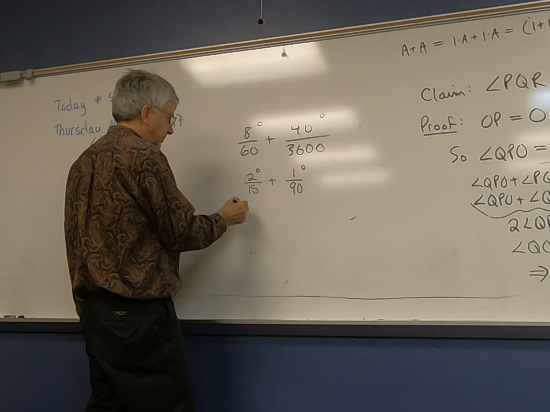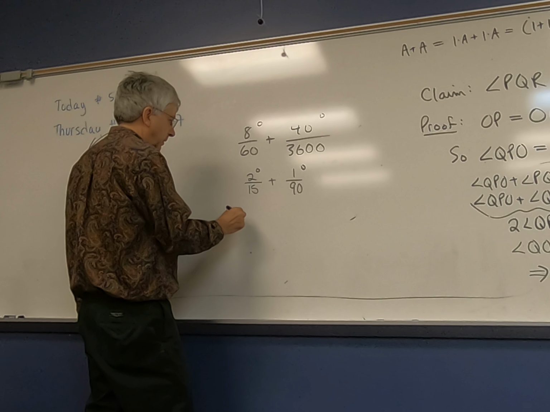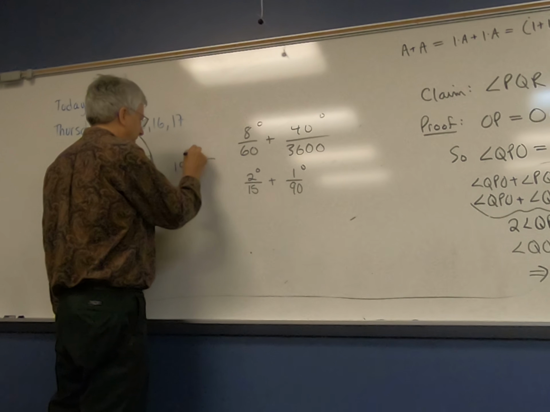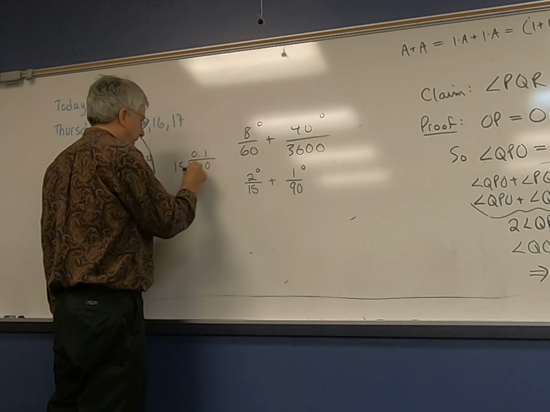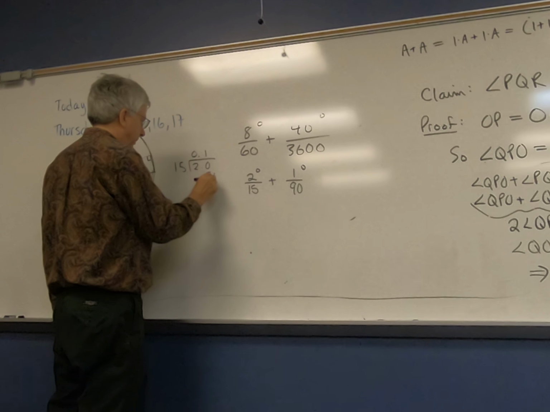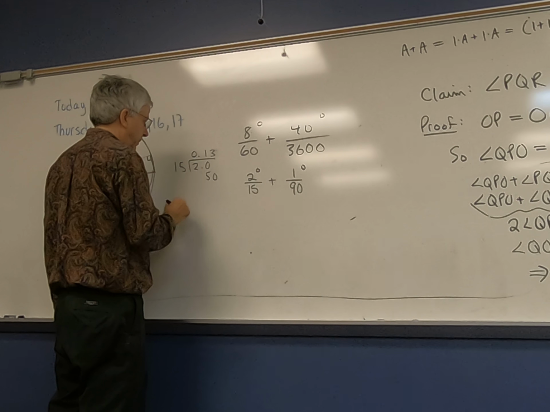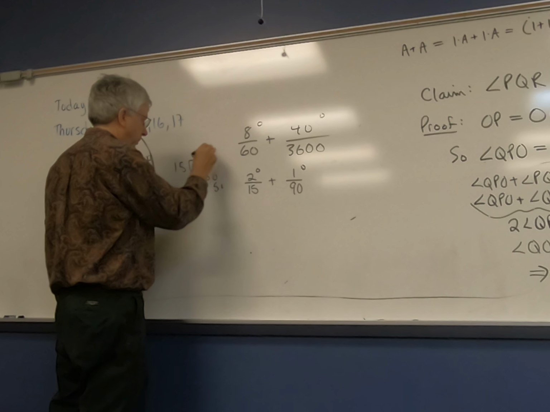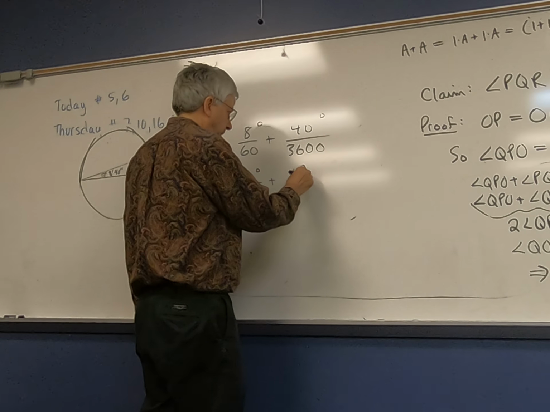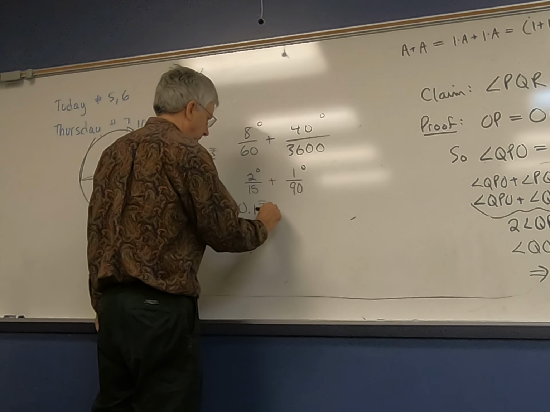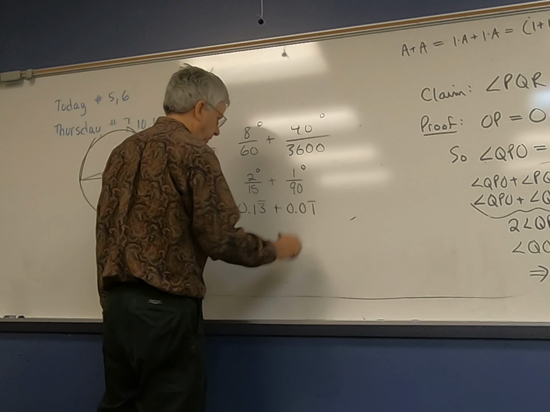What is this as a decimal? Oh gosh. Well, 15 goes into 2 1/10 of a time, and so that'll leave me a remainder of 5, and oh, that's too big. 300ths, so that's a repeating 3, and 1/9 is going to be, so this is going to be 0.13 repeating plus 0.01 repeating, is that right?